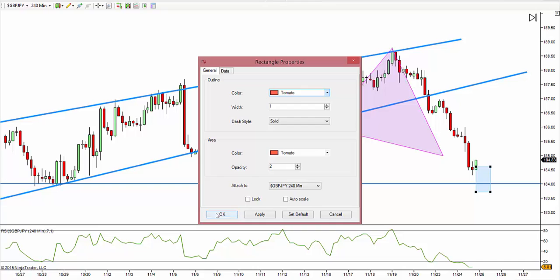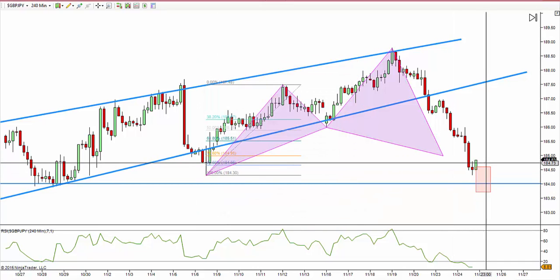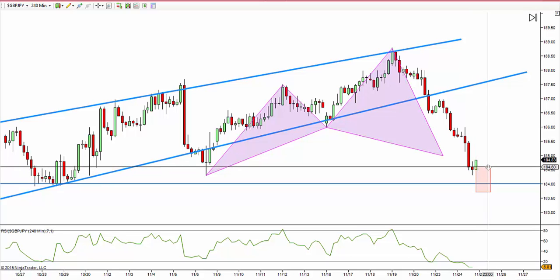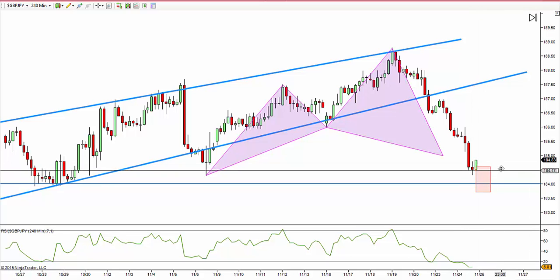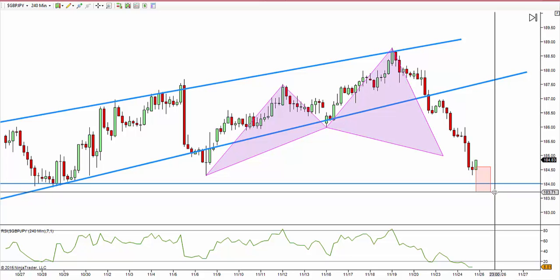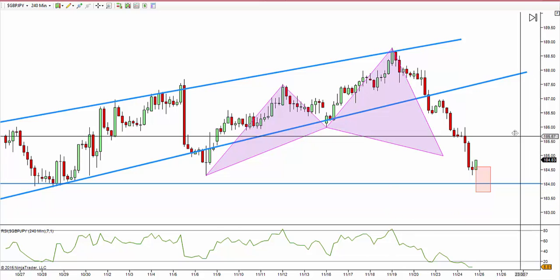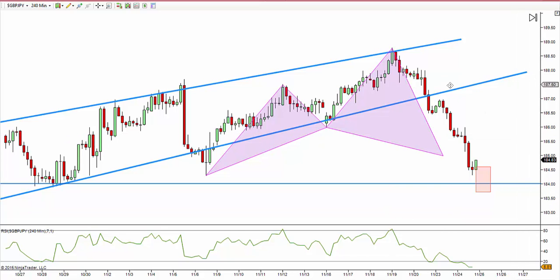So we know that's our risk. So I've got my indecision candle. I wanted to get long as soon as I saw that candle close. I measured out the risk. I get myself below the X leg. I get myself below this structure level here, which is also, if you'll notice, the 84 even handle. And we all know that price is drawn to those even handle numbers. So I needed to get myself below there.